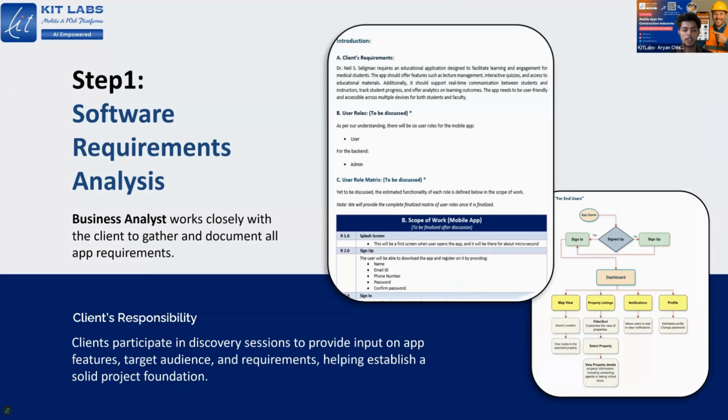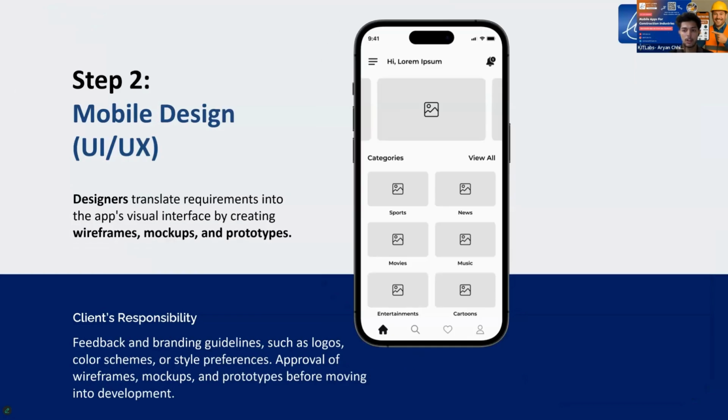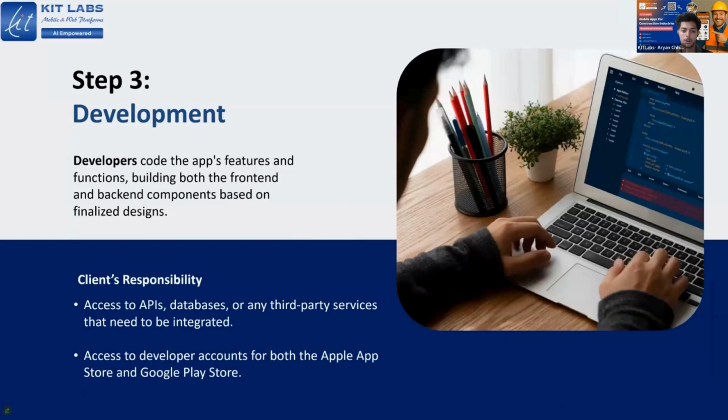After that, we move to the next step, the mobile design. It's UI/UX. Focusing on user interface and user experience, we create wireframes, design mockups, and interactive prototypes. The goal is to ensure intuitive navigation. After the design is created, we move to the next part, the development.